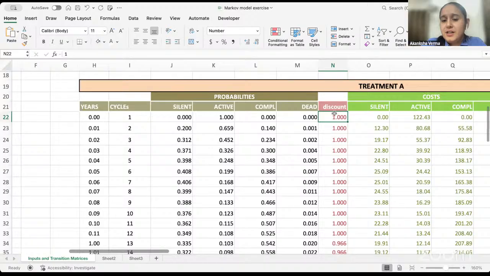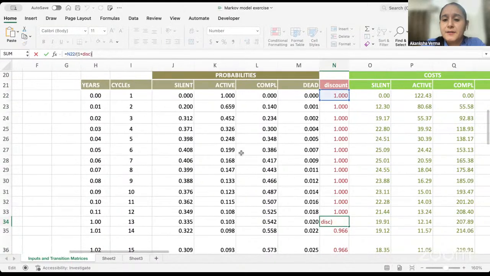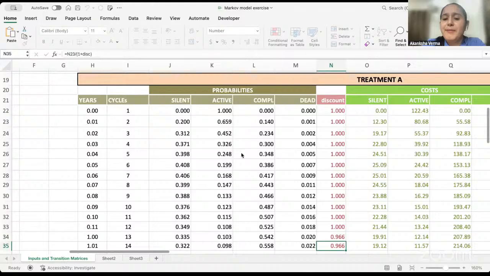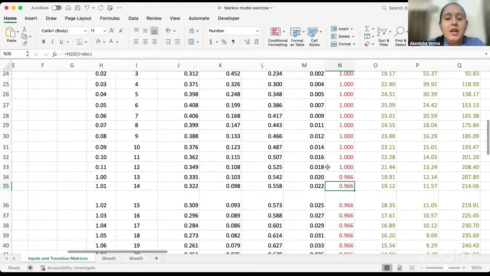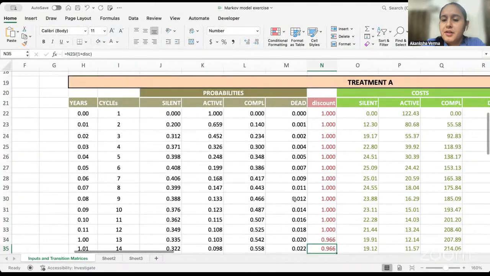For the first year there would be 0 discounting, because when you are actually starting the treatment, you won't apply any discounting. From the second year onwards you start applying the discounting. So here we have mentioned the discount rates which you will be applying. Okay, so we can directly put them in later.